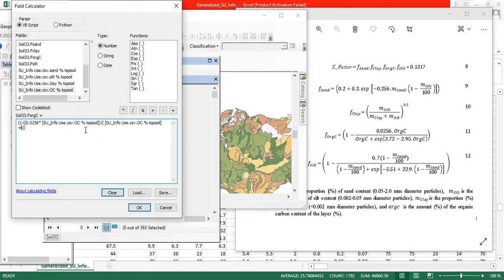the exponential of 3.72 minus, I'll put another one in bracket, minus 2.95 multiply by the organic carbon again.